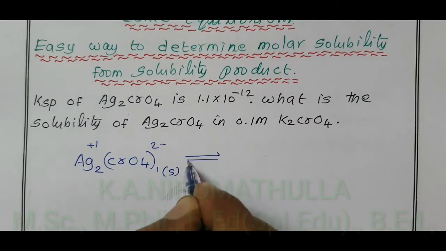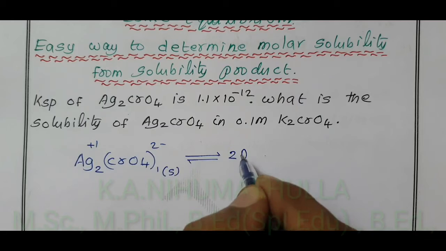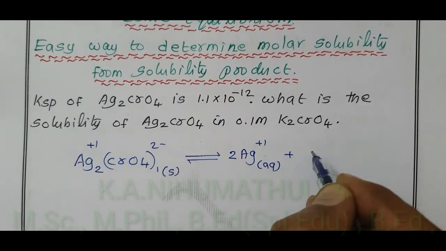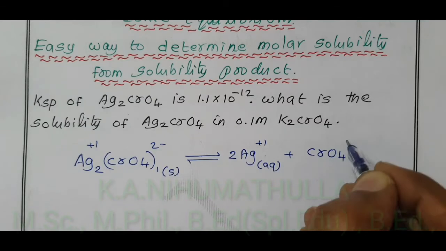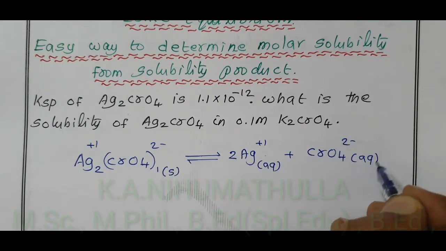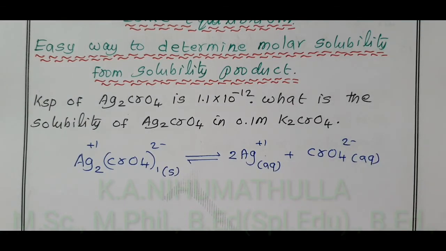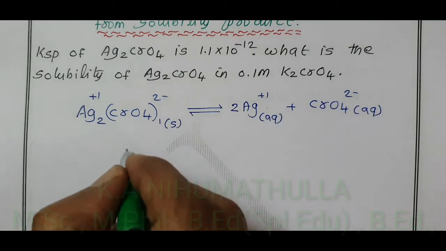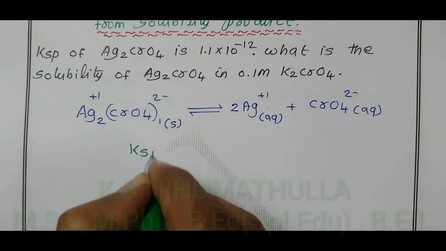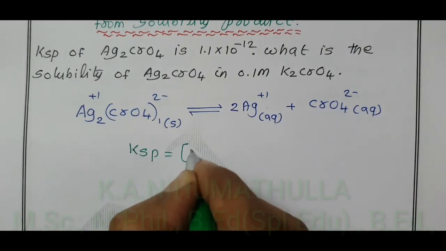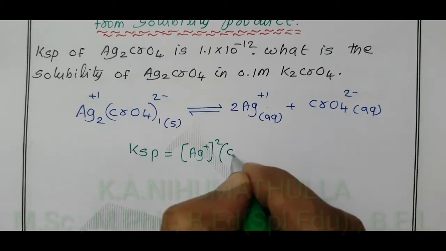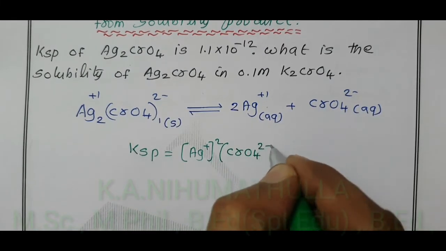It undergoes ionization and gives 2 Ag plus ions in aqueous medium plus chromate ion CrO4 2 minus, which is also in aqueous medium. First I write the formula used to calculate the solubility product. Ksp is equal to the product: Ag plus ion concentration squared into CrO4 2 minus ion concentration.